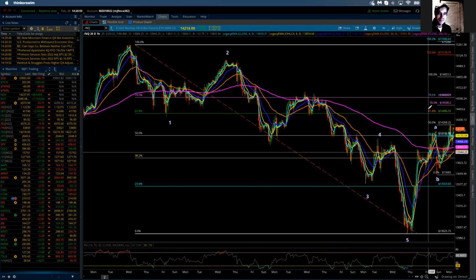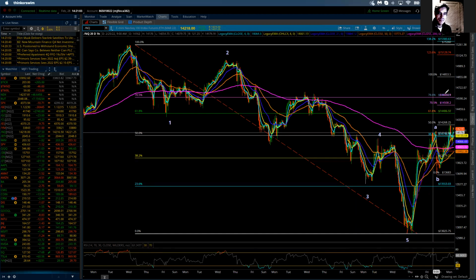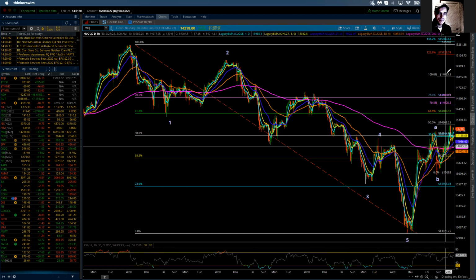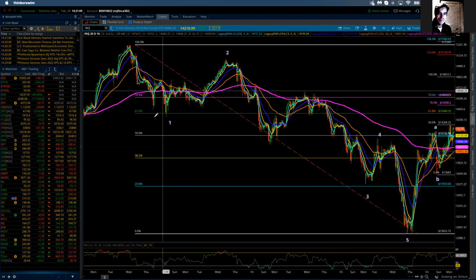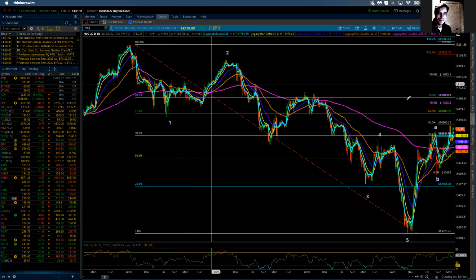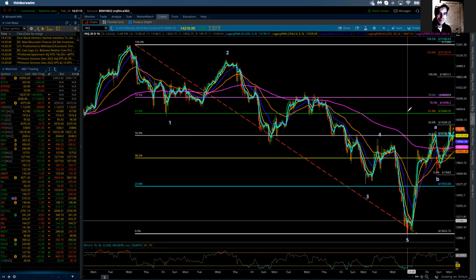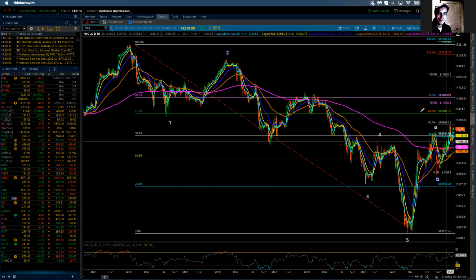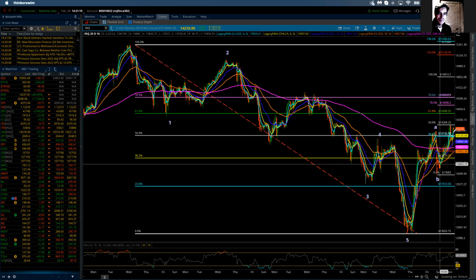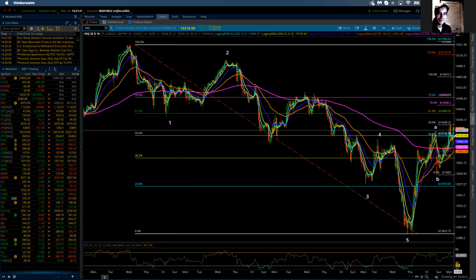Beyond that, if the C wave is going to equal the A wave, we're getting up to 14,853. Being that we have stronger wave 2 Fibonacci resistance in this zone, this is more, for me, the zone where I think all of this will complete, and then we'll again begin to turn lower.